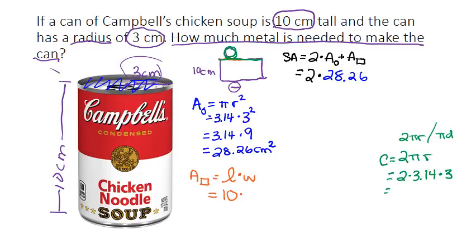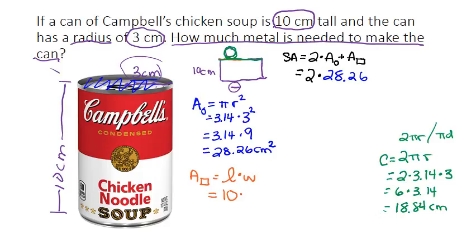Well, I know that 2 times 3 is 6, and I can do that first. So I have 6 times 3.14, which is going to give me 18.84 centimeters. This is not centimeters squared, it's just centimeters because it's the distance around the outside.